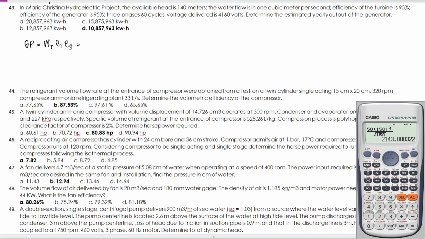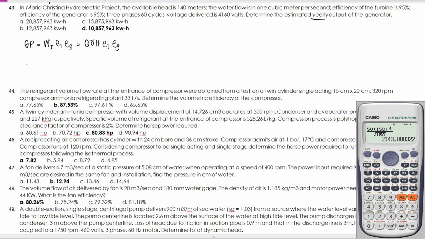Na again, ang ideal work ng hydraulic turbine ay equal lang sa Q gamma H. Tapos, magkakaroon na lang tayo ng conversion para ang makuha natin is on yearly basis.